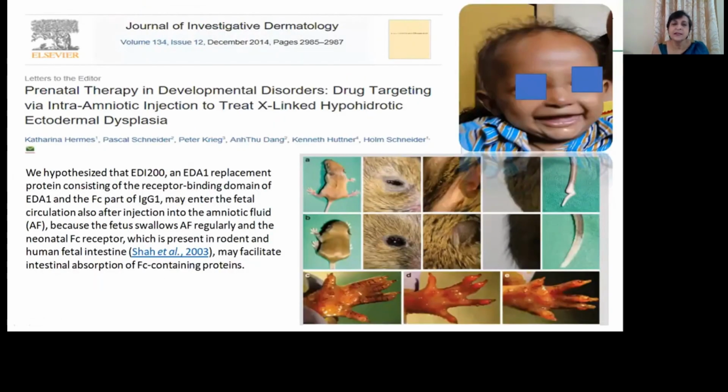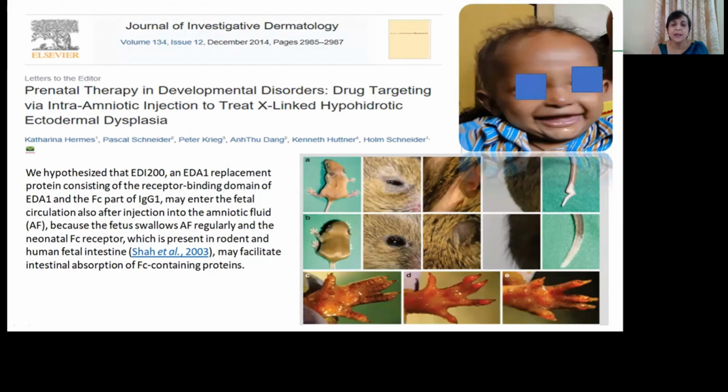This is another disorder, X-linked hypohidrotic ectodermal dysplasia. The children don't sweat. So the protein which is deficient in them can be given intraamniotically when the skin is being formed.